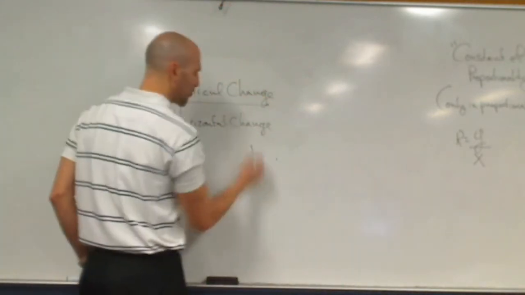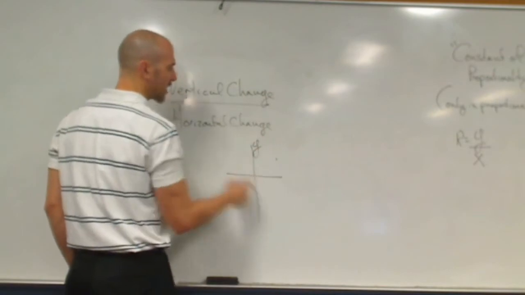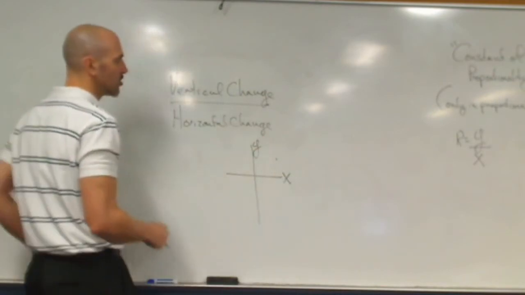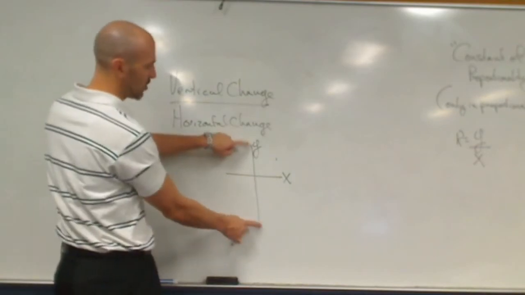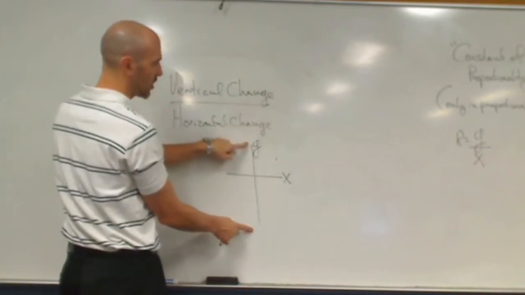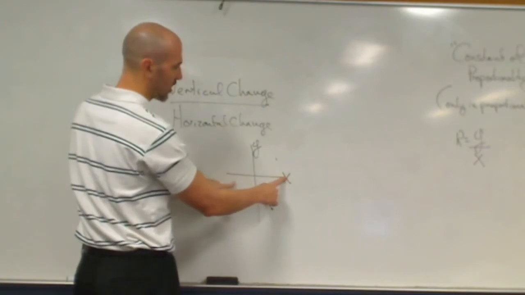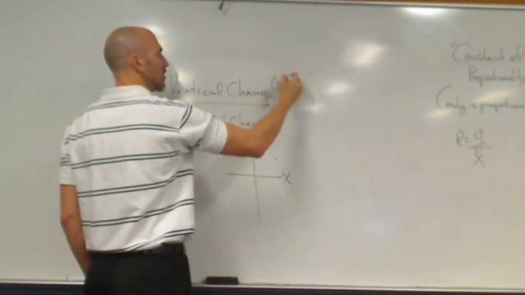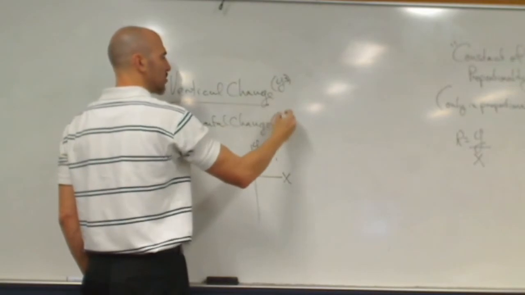If you look at a coordinate plane, the vertical axis is the y and the horizontal axis is the x. So it's vertical change over horizontal change. In other words, the vertical change is going to deal with the y's, and the horizontal change is going to deal with the x's.